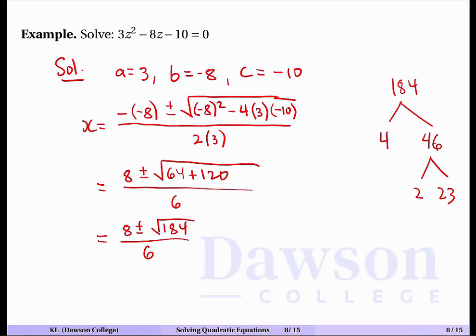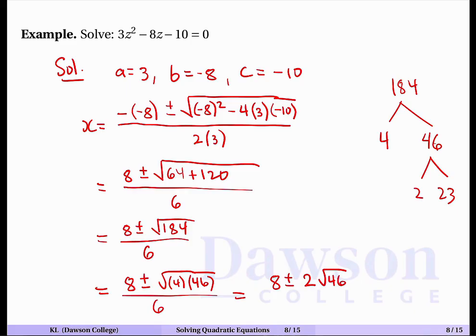So this means that you can have 8 plus or minus square root of 4 times 46 all over 6, which can be simplified into 8 plus or minus 2 square root of 46 over 6.